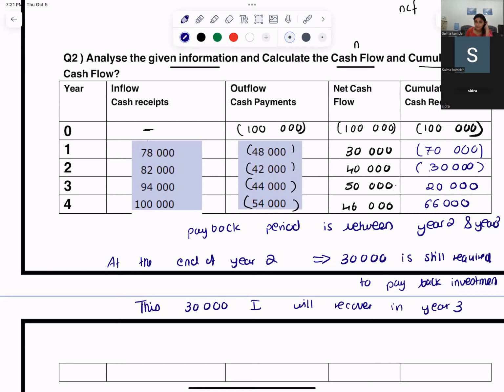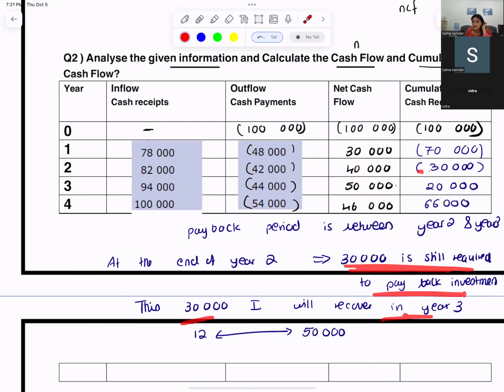In my year three, that is the period of 12 months, my net cash flow is 50,000.